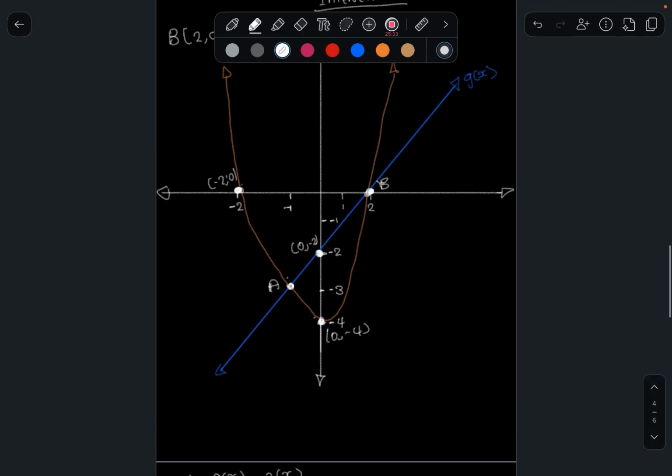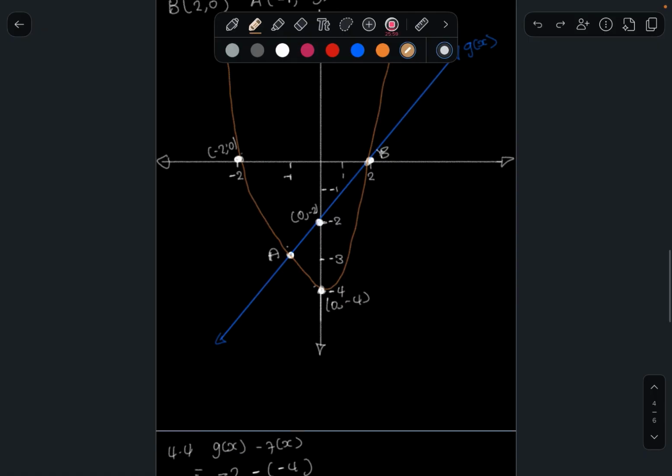Okay, let me use it differently. Look at here, right? You're going to look at this part. Here, g of x is under f of x, right? Fine. So that's not something we should look at. That's not our answer. Okay, let's look at this part, right?